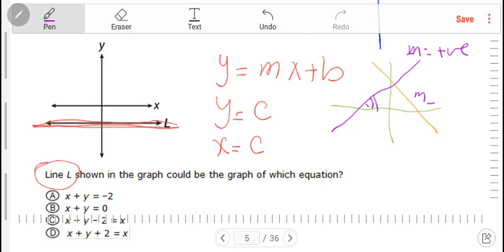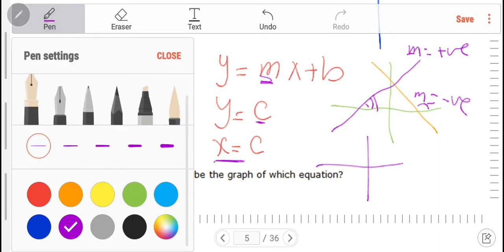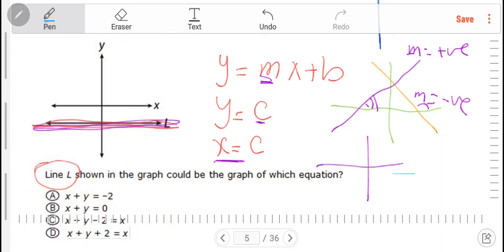Here m is negative. Whatever the value of m. But the line y equals constant, y without x, is the line parallel to the x-axis. The line x equals constant is the line parallel to the y-axis. Here is the line x equals c, but here is the line y equals c. Y equals c means no x. X equals c, no y.